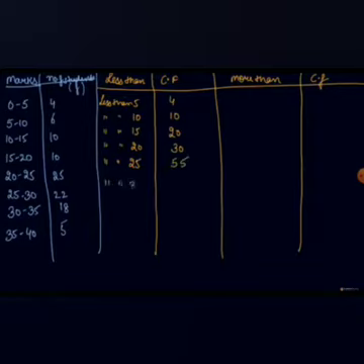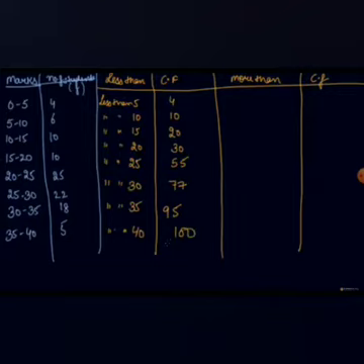Less than 30, how many students are there? 55 plus 22 is 77. Less than 35, 77 plus 18, which is 95. And less than 40, how many students are there? 95 plus 5, 100. So we have found the less than cumulative frequency for the less than ogive.